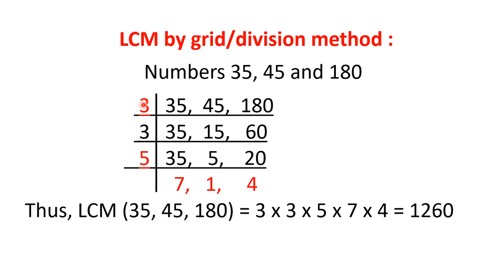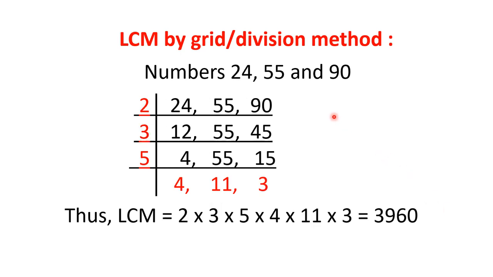So what is the LCM? 3 into 3 into 5 into 7 into 1 into 4. So 3 into 3 into 5 into 7, 1 is not written because multiplying by 1 is the same thing, so into 4, and the LCM is 1260. Let's do one more example.